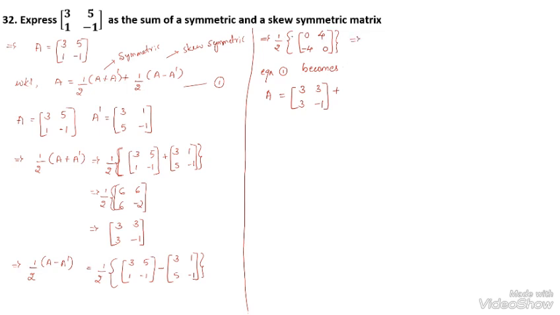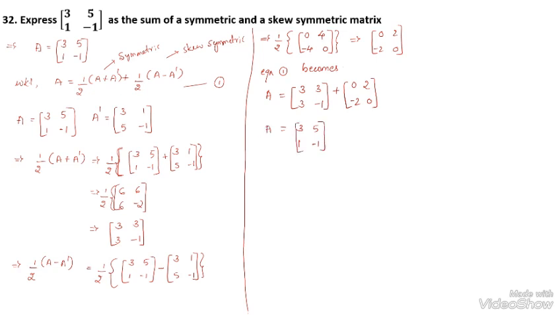I can divide 1 by 2 into each: 0, 2, minus 2, 0. The skew symmetric part is 0, 2, minus 2, 0. Now add these two matrices. 3 plus 0, 3 only. 3 plus 2, 5. 3 minus 2, 1. And minus 1, 0, it is minus 1.